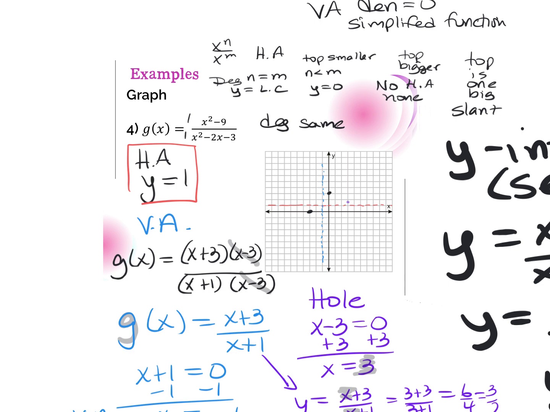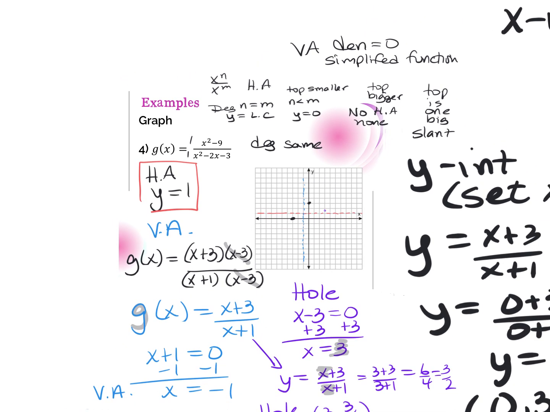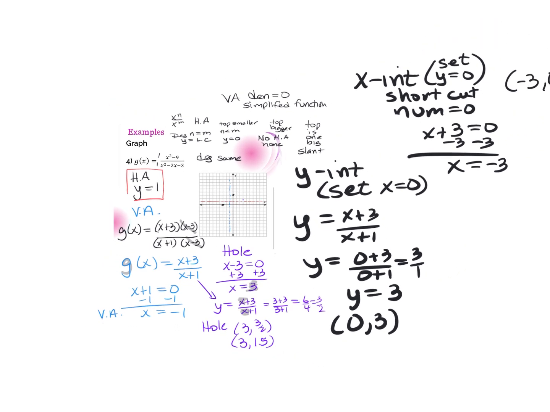We need to add in some additional points to the left of the blue line. So my vertical asymptote is at negative 1. So I need to find some numbers that are less than negative 1. So I could get negative 2 from my graph, and I could plot (-2, -1).